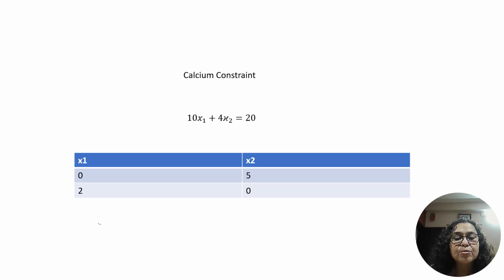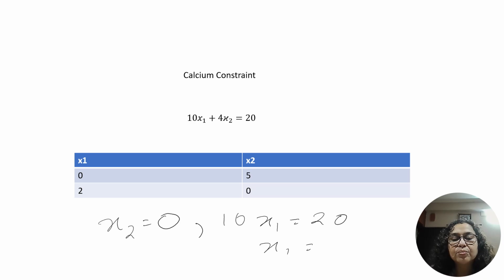We set x2 equal to 0. When x2 is 0, our equation becomes 10x1 equals 20, and so x1 is equal to 2.